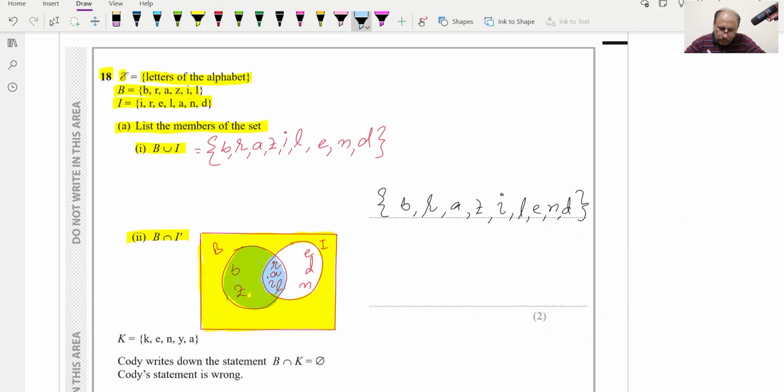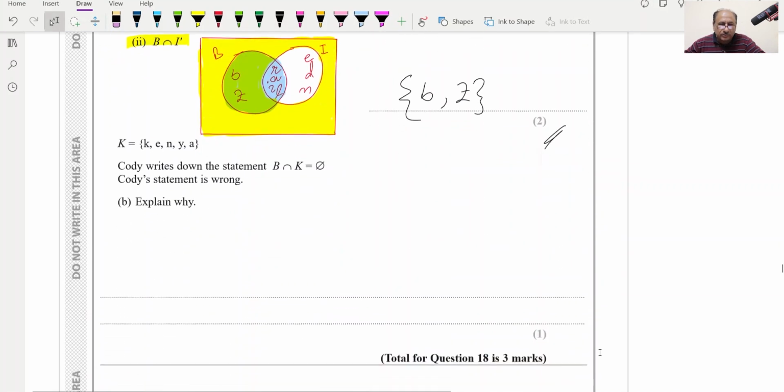Now we require only the area which is double shaded. Double shaded is including what? Double shading is including only B and Z. This will be our answer, and this is a 2-mark question.